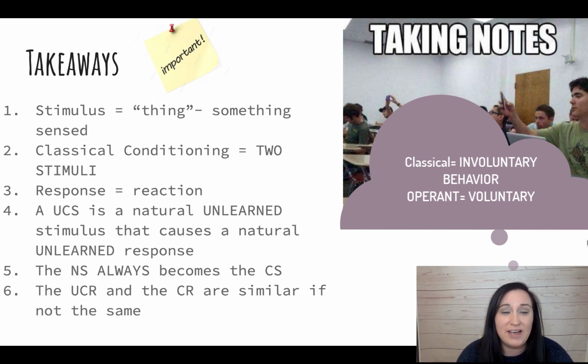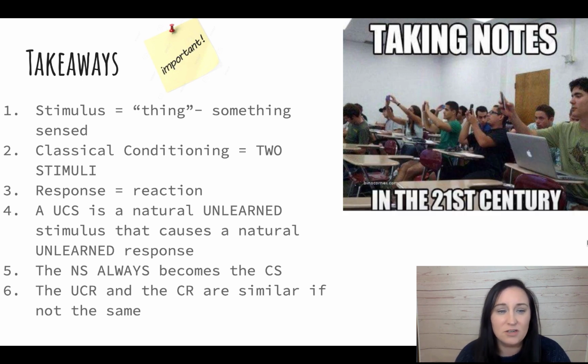And whenever you see that U, whether it's UCS or UCR, you want to think U means unlearned or natural. The neutral stimulus must be neutral at first, causing no reaction, and becomes a conditioned stimulus. And you always want to think learned when you see conditioned.